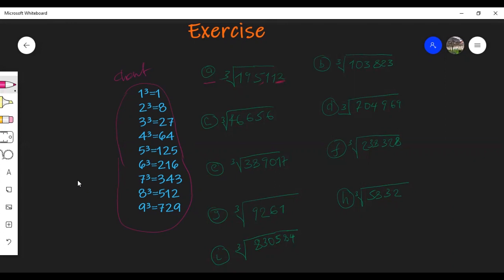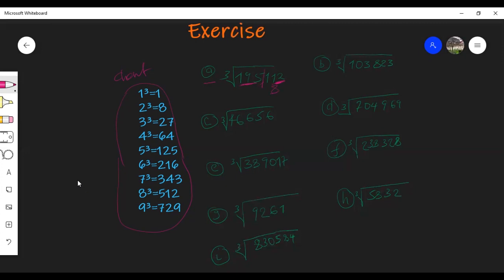The number you're looking for, its cube root, what number does it end with? Also look at what number this number is close to. After dividing this number into 2, you got 112, and you come to our chart and ask, what number ends with 2? If you come to our chart, you will see that should be 8. So put 8 there.